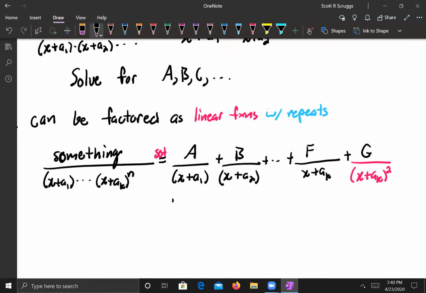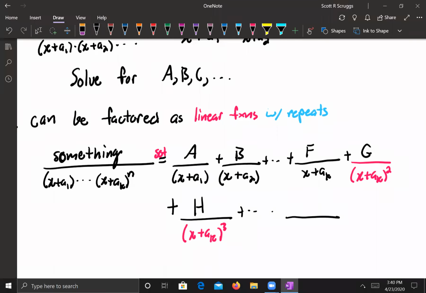And then for my next term, I'm still going until I've exhausted up to the nth power, so my new denominator will be cubed, not squared, because I repeated. And I keep on doing that, repeating the linear factor that is repeating.